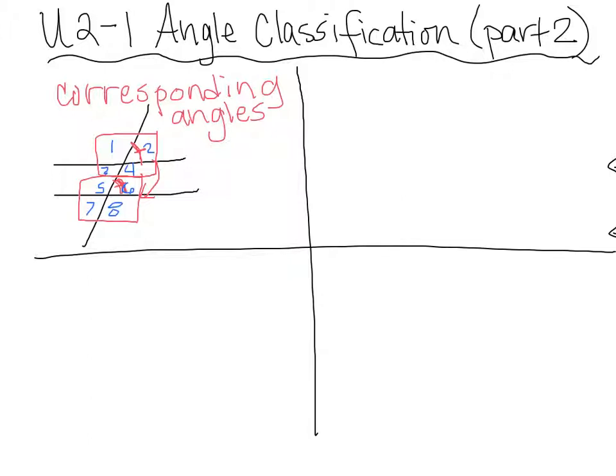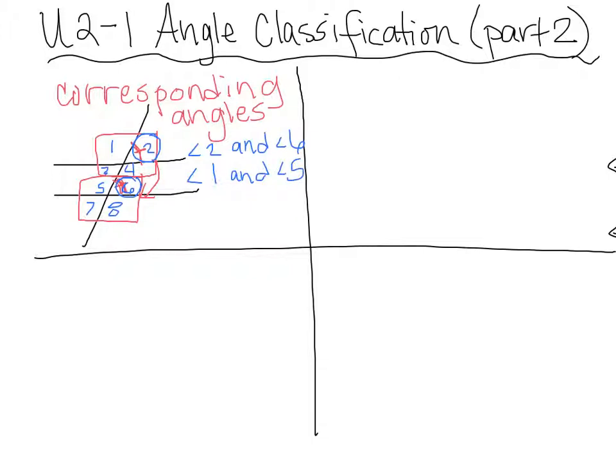So the ones that I was referring to, okay, was angle 2 and angle 6, and those would have set right on top of each other, okay? So angle 2 and angle 6, they are corresponding. Now there are other pairs of corresponding angles. Angle 1 and angle 5, they are also corresponding, right?